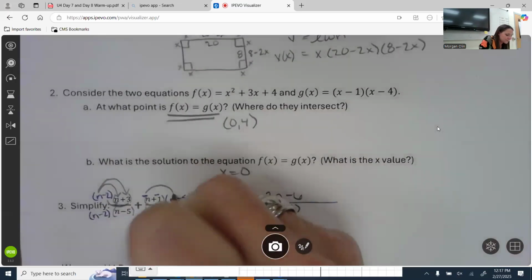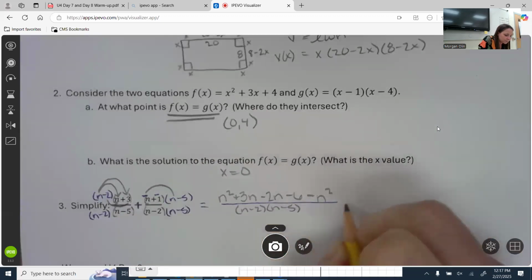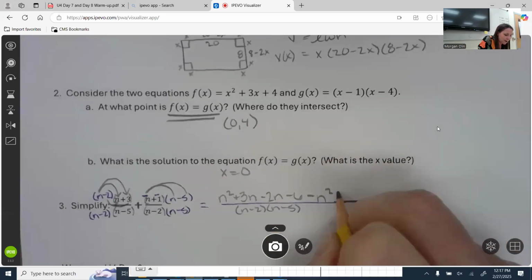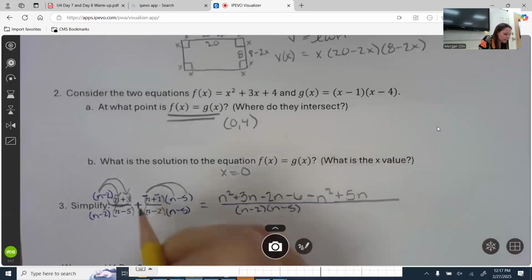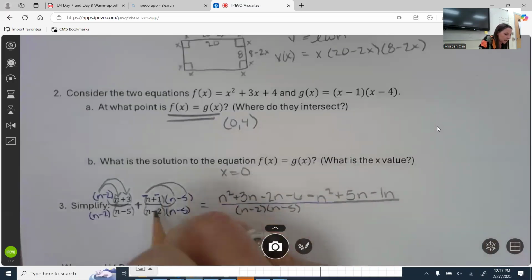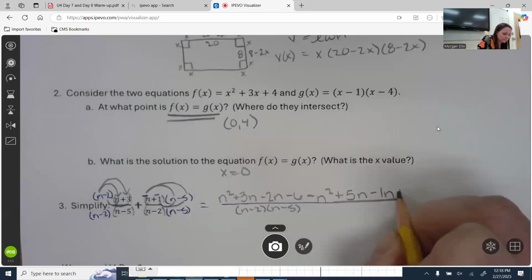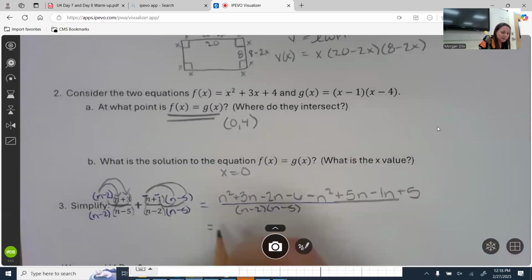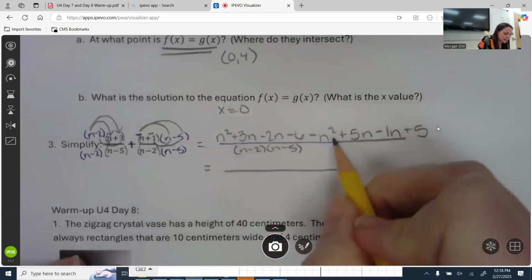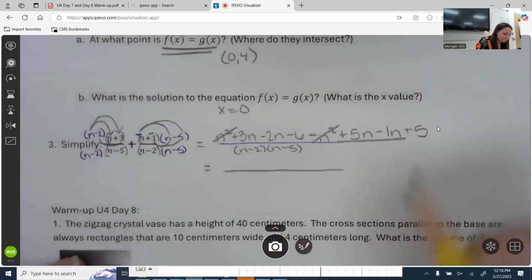So negative n times n is negative n squared. Negative n times negative 5 is a positive 5n. Negative 1 times n is negative 1n. And negative 1 times negative 5 is a positive 5. And now what we need to do is add our like terms right here. So our n squared and negative n squared actually go away.